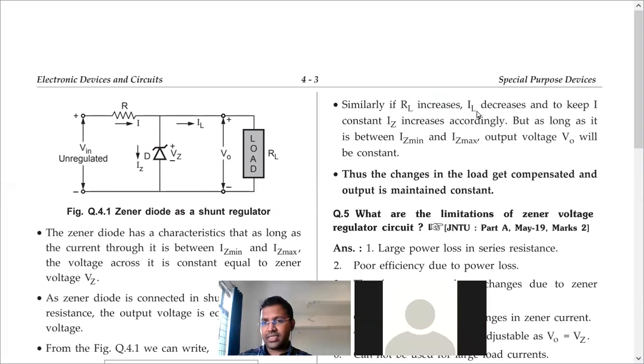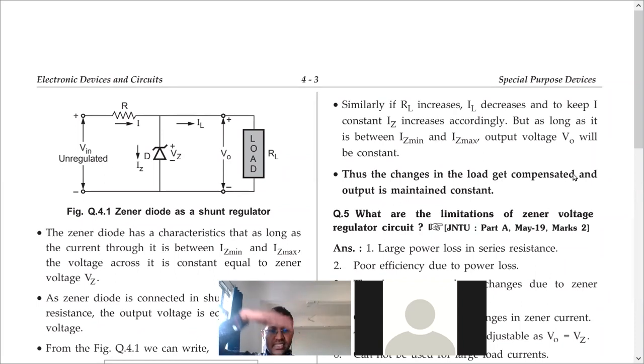Similarly, if RL increases, IL decreases. To keep I constant, IZ will increase. But as long as IZ is between IZ min and IZ max, only then is the output voltage constant. We have seen the graph also, right? Thus, the changes in the load get compensated.